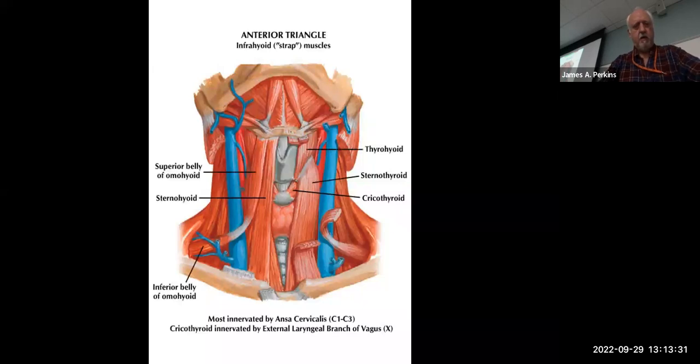Now here are the infrahyoid muscles or strap muscles, the muscles that lie inferior to the hyoid bone. And I think most people at least started identifying these on Tuesday. So we have a muscle called the omohyoid, which is probably the hardest one to remember because nobody knows what omo means.